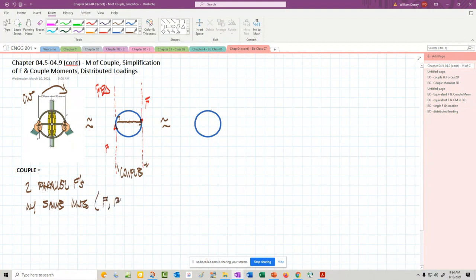Here we have F and F. Same magnitude and opposite direction. So they're parallel. That's important. Same magnitude and opposite direction. And that's literally what we have here.